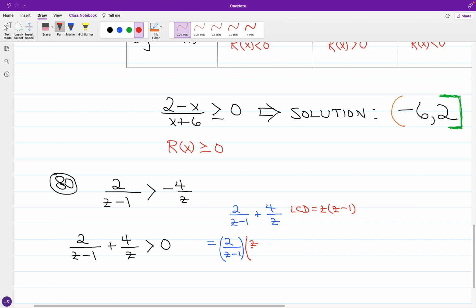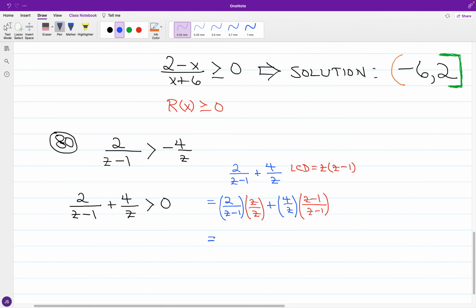So that's going to be z over z, plus 4 over z, and that's going to be multiplied by 1 in the form of the other factor over itself. So I have z minus 1 all over itself.